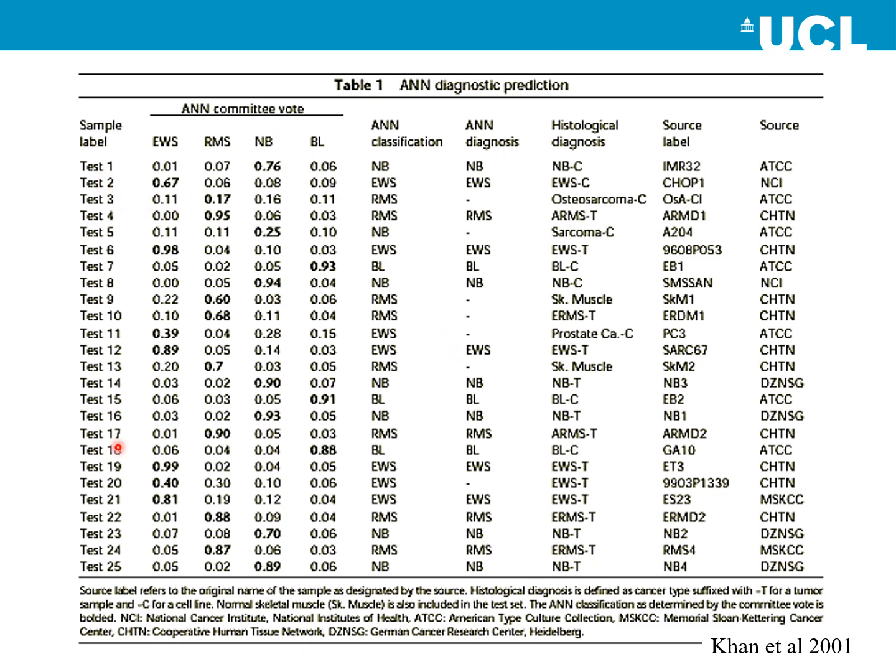So these were the 25 test samples, and these are the outputs of the neural network. So Ewing sarcoma, rhabdomyosarcoma, neuroblastoma. And you can see the first sample, 0.76 output for neuroblastoma. And then they used a method to judge, is this significantly bigger than the other outputs?